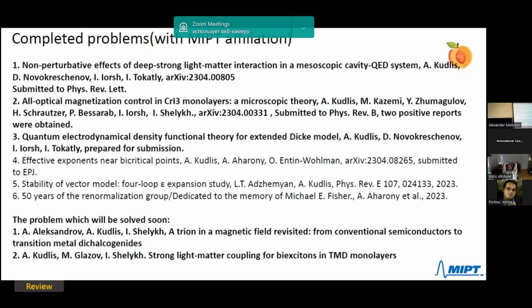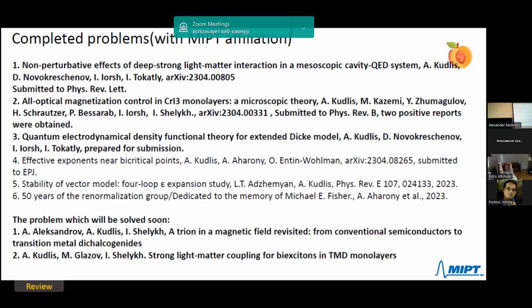Yes, and the fourth, fifth, and sixth points are connected with my other scientific activity, and it was necessary to perform it because I should finish my report for a grant within the Russian Scientific Foundation.